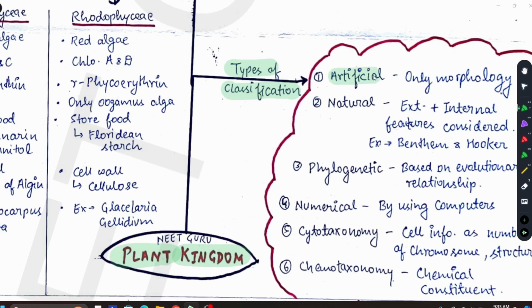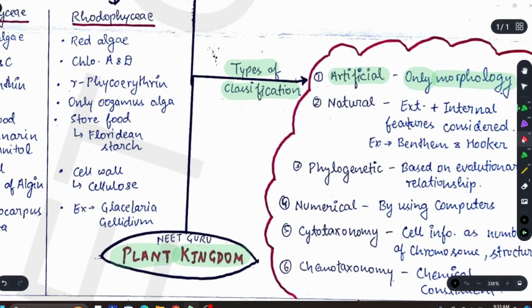The first is artificial system of classification. In this system, only morphology of an organism is considered, and that is why it fails. Because here we consider only very few features of an organism while doing the classification. We have to consider more features, we have to go more deep, but in artificial system of classification, we consider morphology only. And what is morphology?